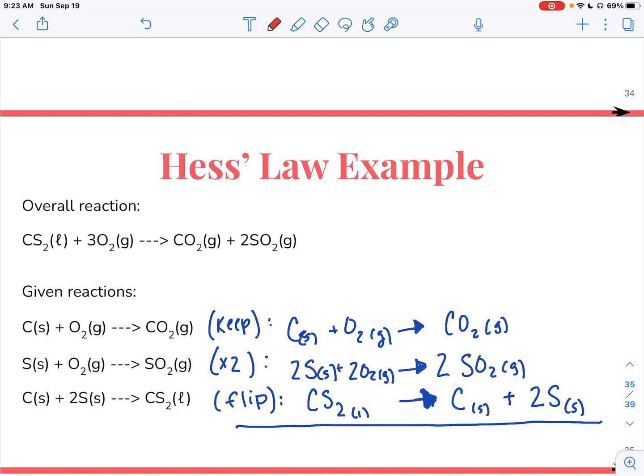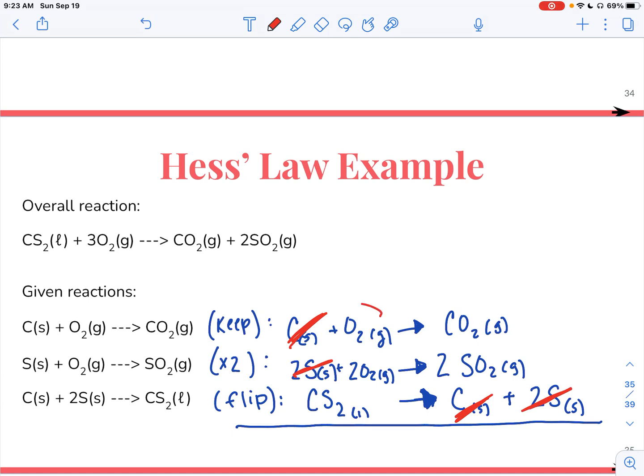That means they'll cancel. And I also have 2S before the arrow here and after the arrow here. So those also cancel. And I think that's all I have for canceling.